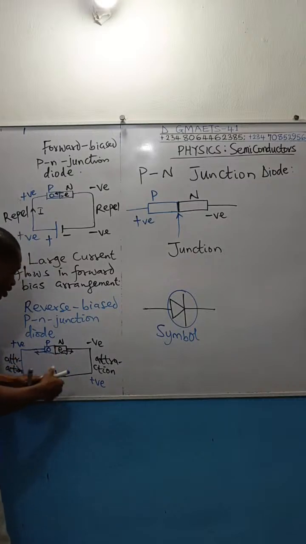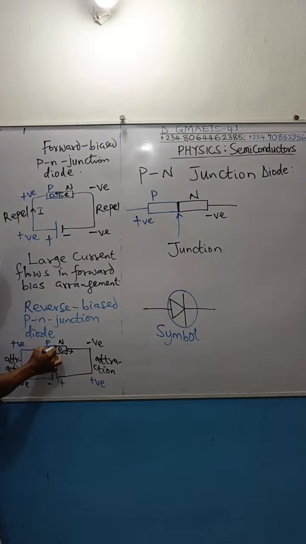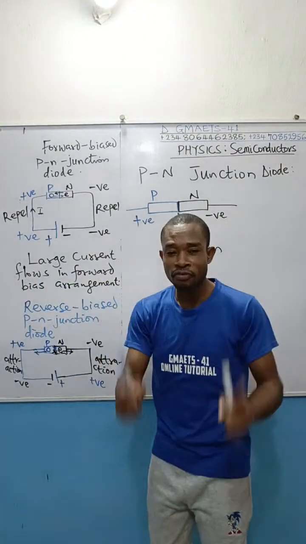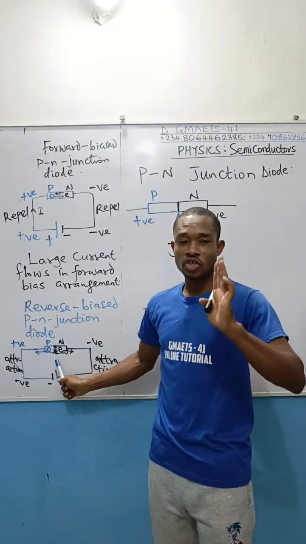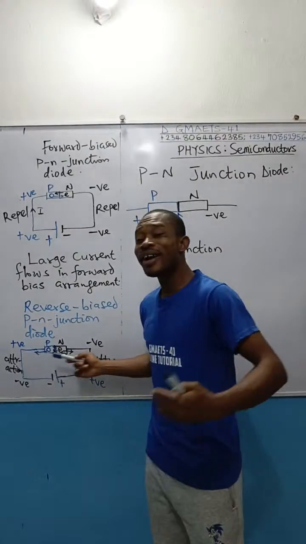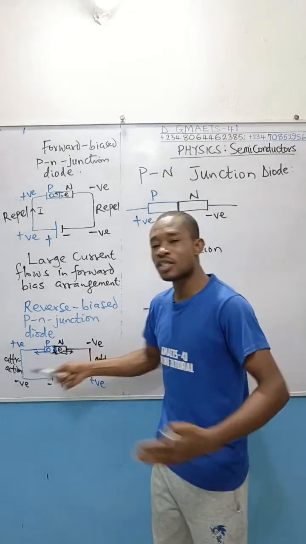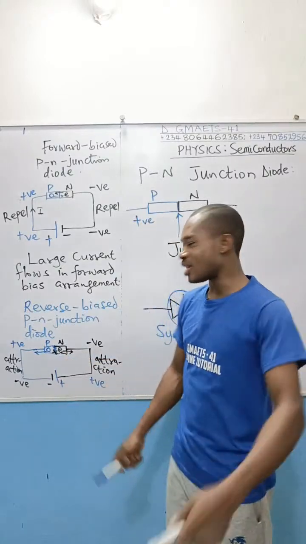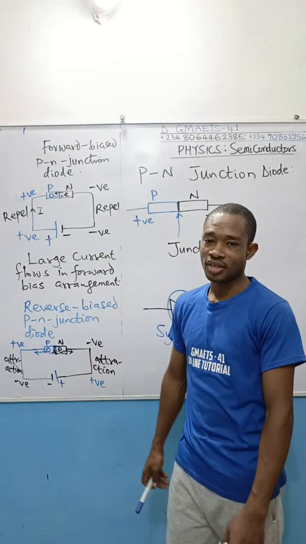So permit me to put a cross here, like trying to cancel it. The cancellation means no full charge flow across this junction. And whereby there is no full charge flow, charges are not crossing this junction. If opposite charges are not crossing this junction, it means that this will not conduct electricity.